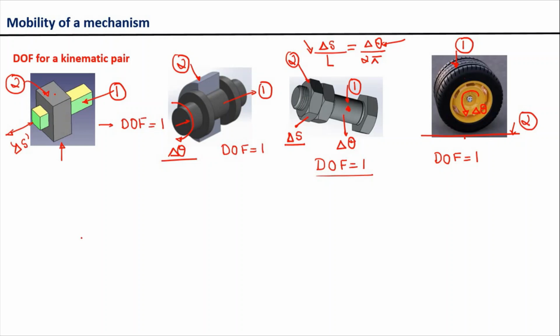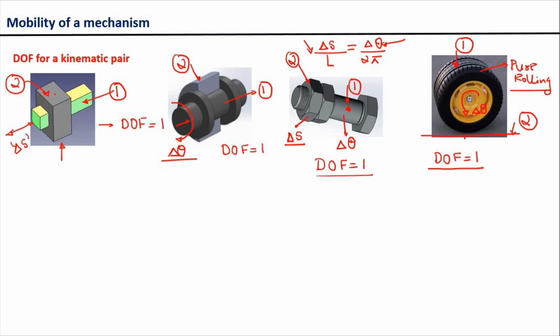Now here there is a small twist. If this motion is pure rolling motion, then in that case the degree of freedom for this kinematic pair will be equal to 1. But let us say that this motion is not a pure rolling motion.